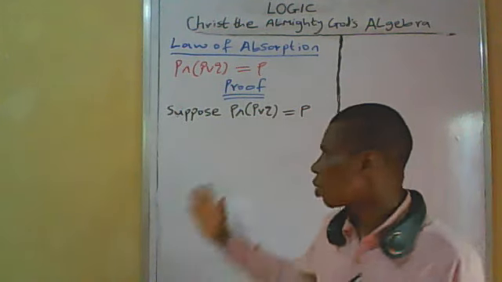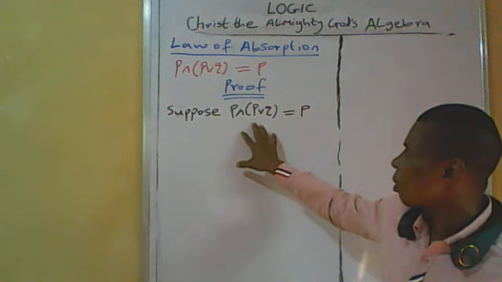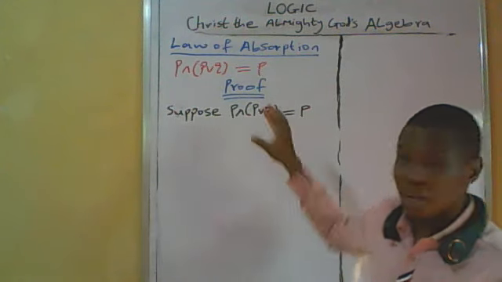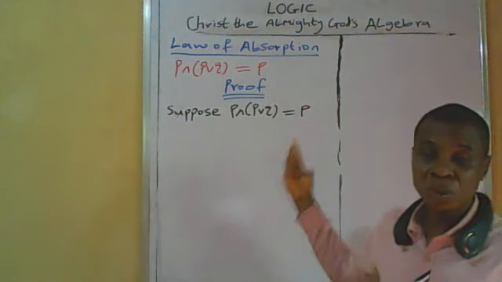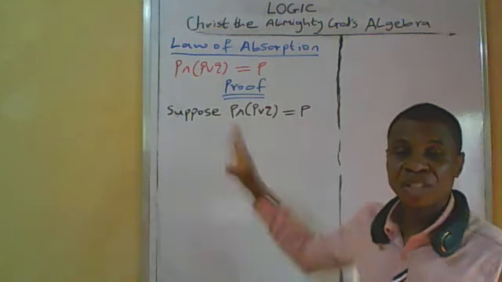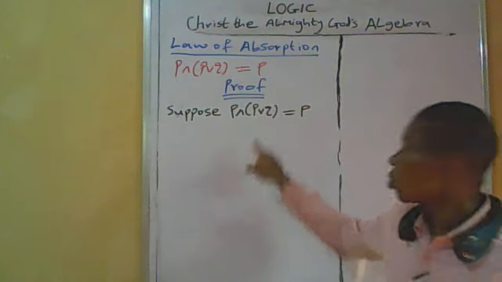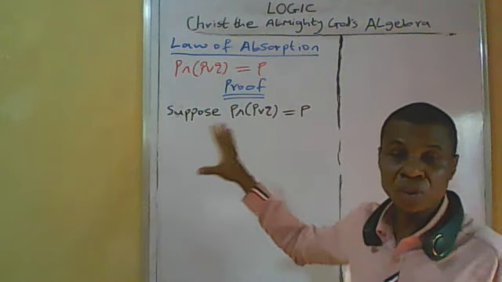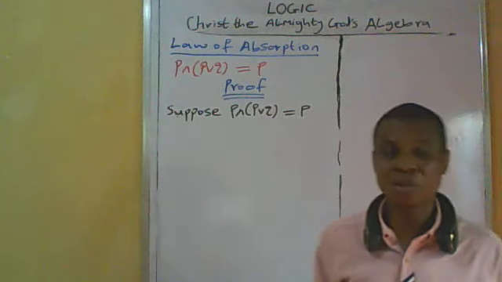If you look at this equation, you find out that whenever the left hand of the equation is true, the right hand of the equation is also true. In the same vein, whenever the right hand of the equation is false, the left hand of the equation is also false. We say they are logically equivalent. That means they are equal.